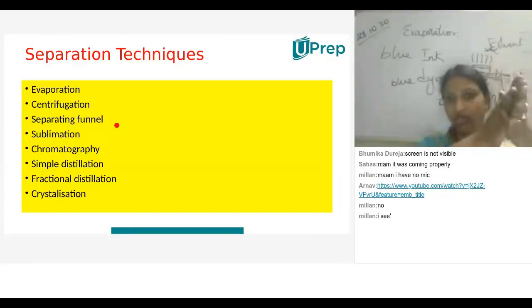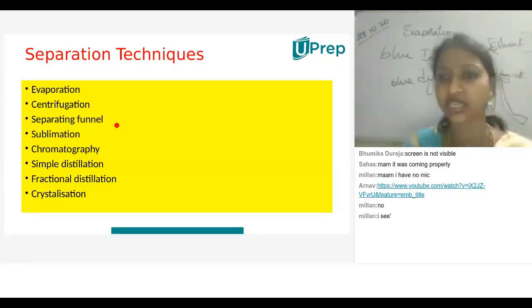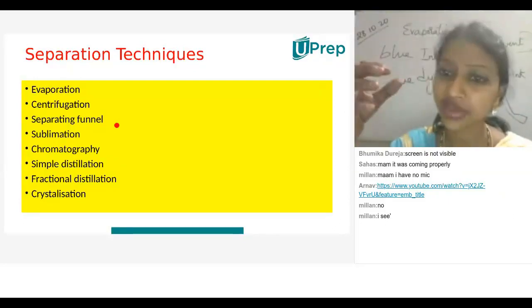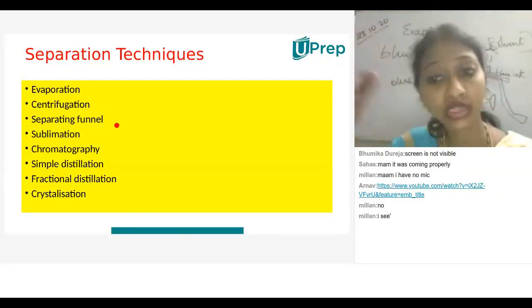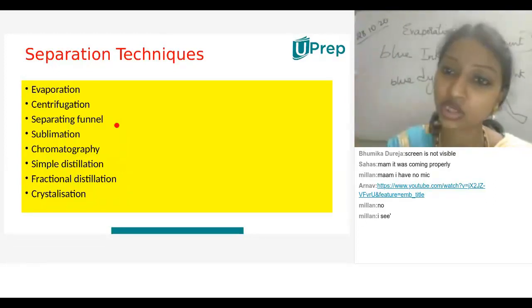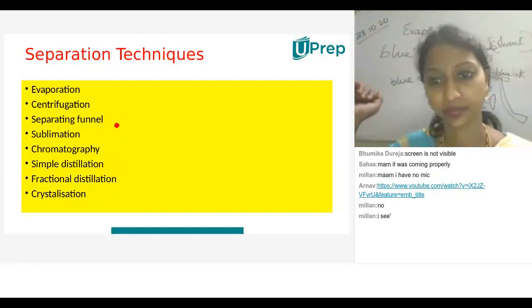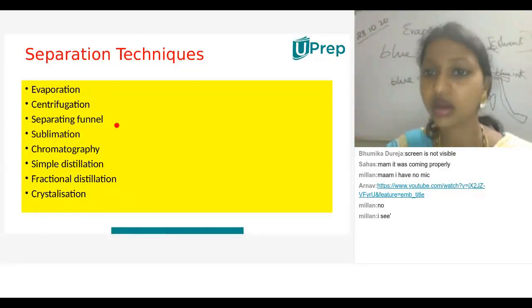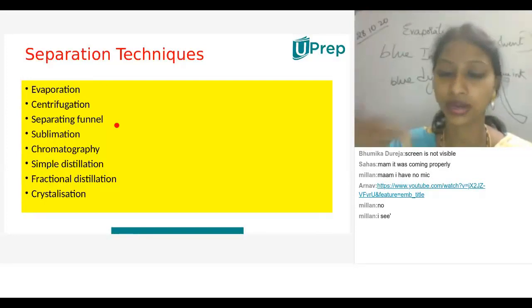Yes, churning. By rotating more, there is a formation of a layer on the surface. In the same way, if a substance is heavier, it will be present at the bottom. If it is lighter, it spreads on the surface of the liquid. Because cream is lighter, it is present on the surface of the milk or the buttermilk.